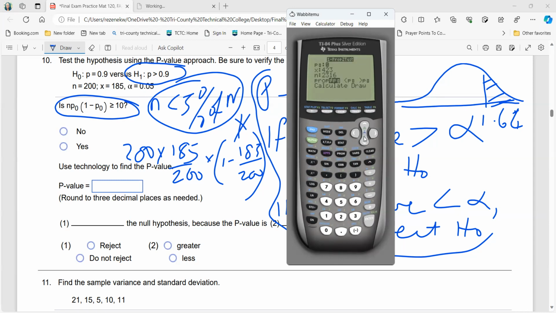P is not given to me, but I can find it. I have 0.9 here, the status quo, and X is that, N is that, and I'm doing a right tail test.